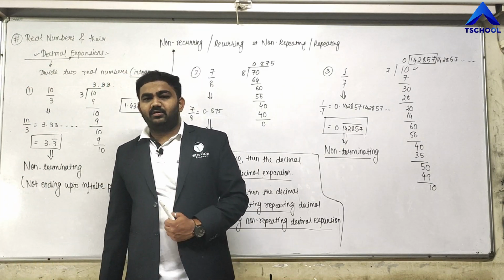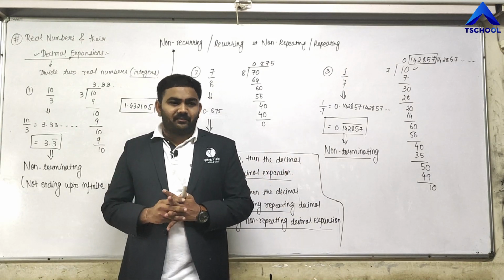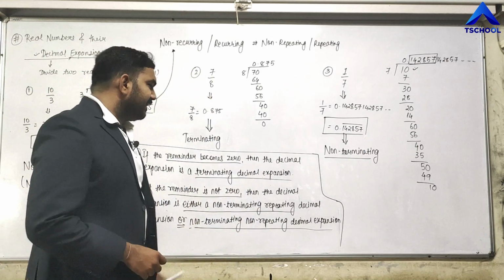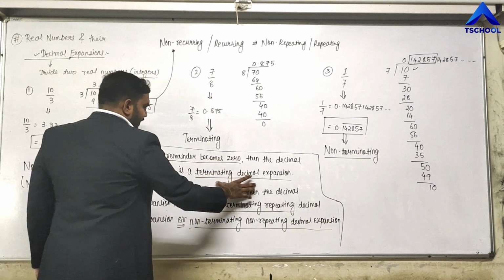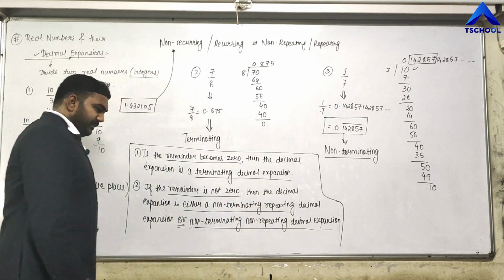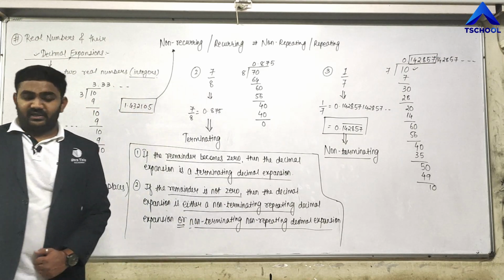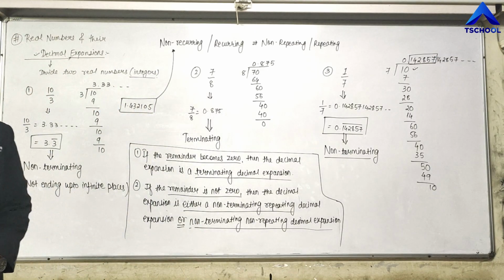So whenever you come across a decimal expansion, it falls into these three categories: terminating, non-terminating repeating, or non-terminating non-repeating decimal expansion.